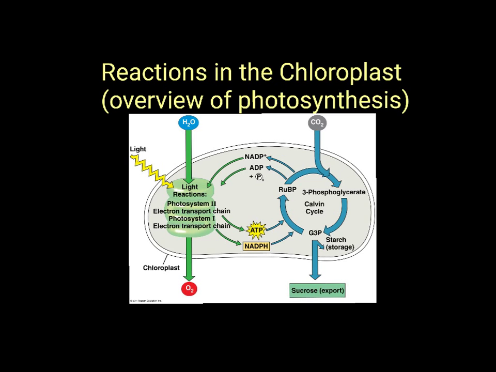It produces the G3P and then glucose as the output. And when it goes around, you have your phosphate, your ADP, and NADP+, where it goes back to light reactions and the process keeps going around.